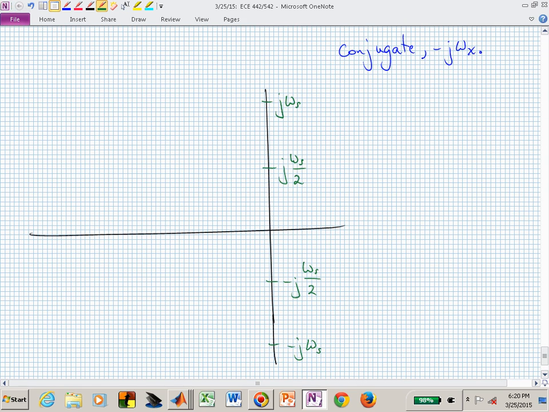Suppose that, just to see what happens, maybe somebody says, what if you have a pole halfway between omega sub s over 2 and omega sub s? Or that's 3/4 of the way towards omega sub s. That's now a pole at s equal j 3/4 omega sub s.